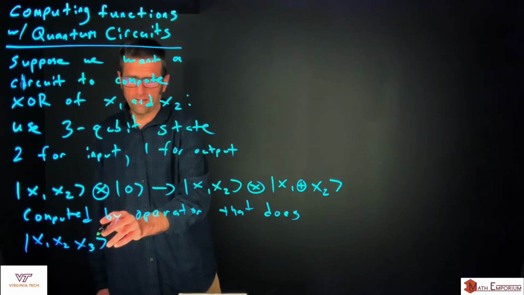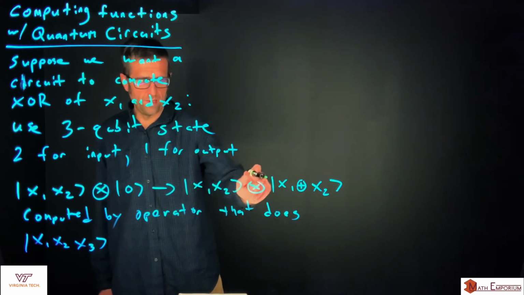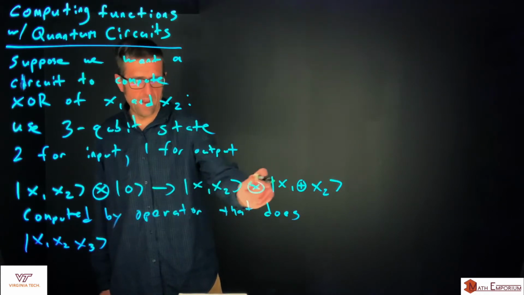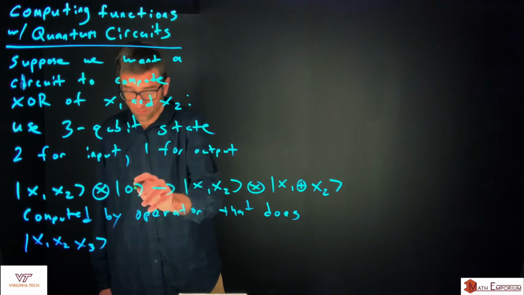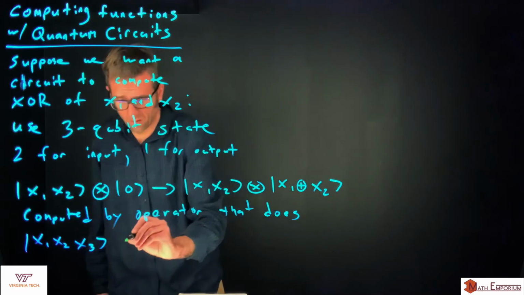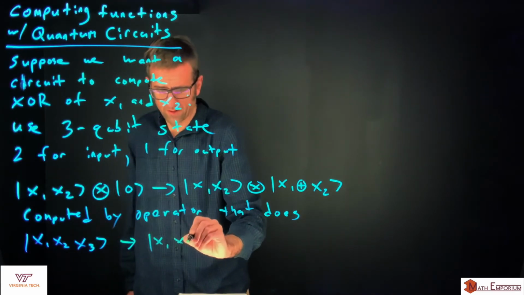The easiest way to get the correct result here would really just be to take the XOR of x1, x2, and x3. That'll give me the correct output in the case where the third qubit of the input state is actually 0. So it would compute it according to this.